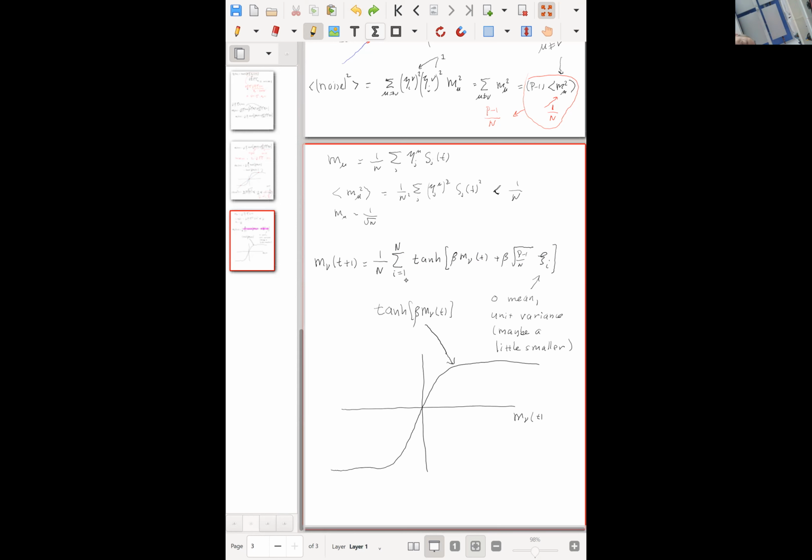And what does that mean? So let's look here at this point. Let's say we're right here. So this is some value of m nu, and this point here is tangent of beta m nu. When we add in the noise, sometimes this is positive and we add a term here, or sometimes it's negative and we add a term here.